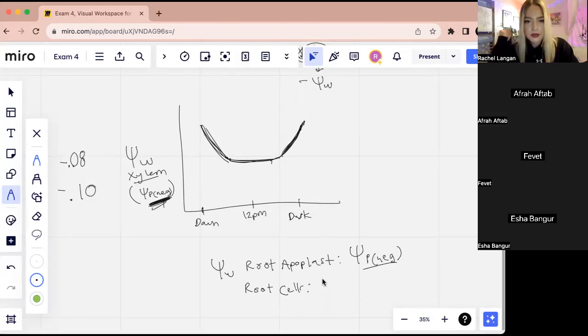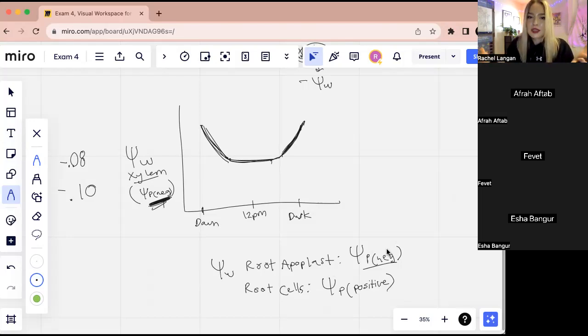The root cells are also going to be influenced by pressure potential, but now it's positive because it's a live cell, not the apoplast. So inside a live cell, you don't get pulling on water. If you did, the cell would collapse.